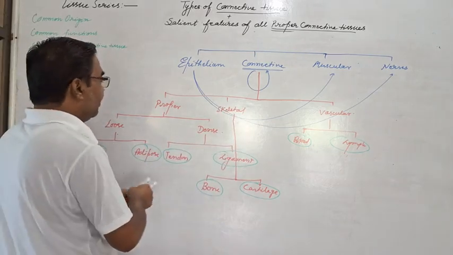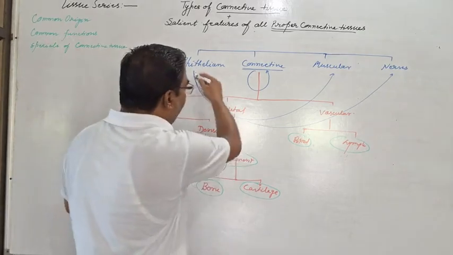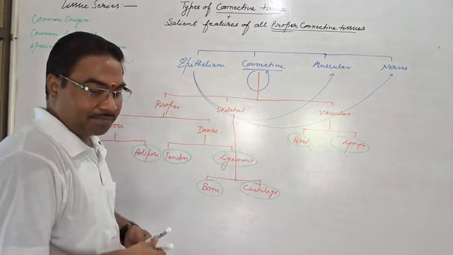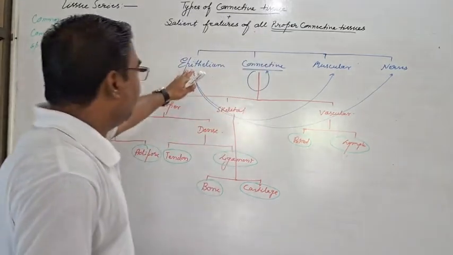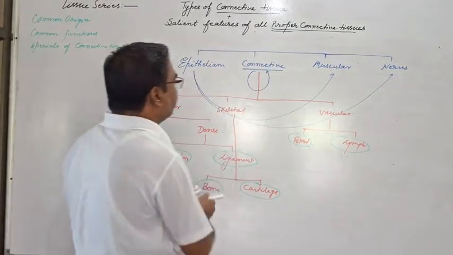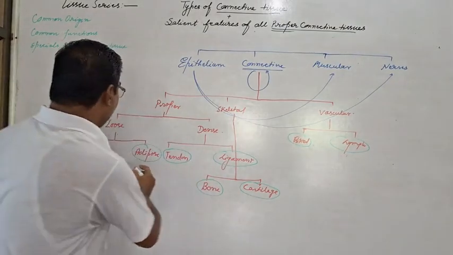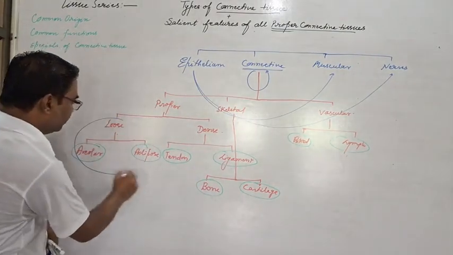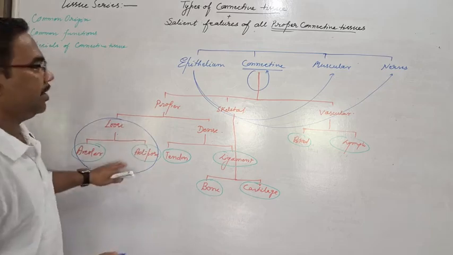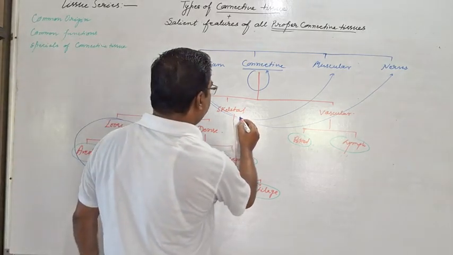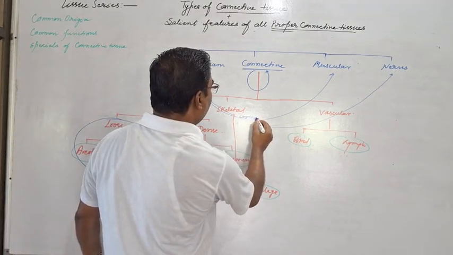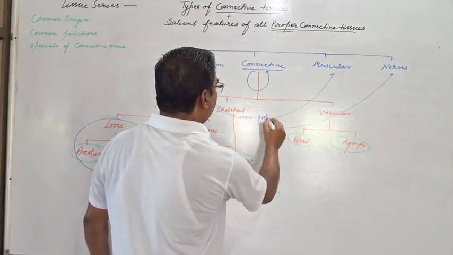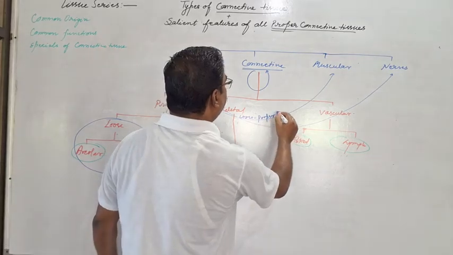Like the epithelium, what I have drawn with the blue pen, let's focus. Epithelium is connected with muscular with loose connective tissue. With loose connective tissue, that is, we can write here loose proper connective tissue.